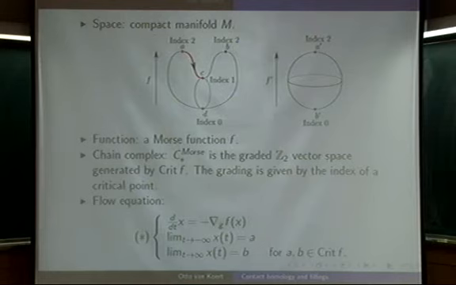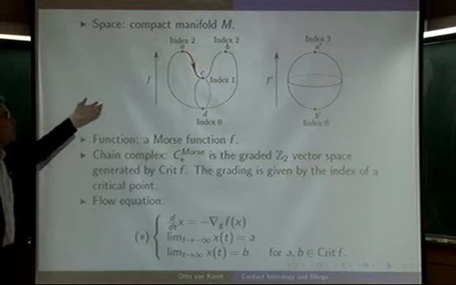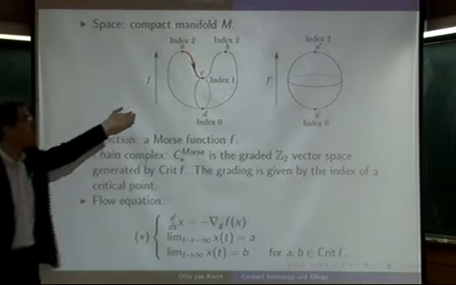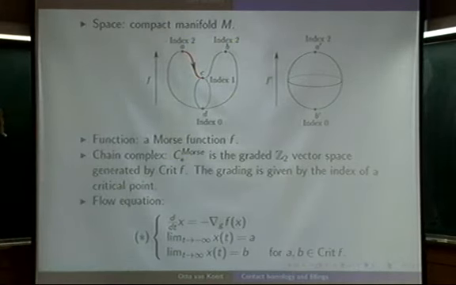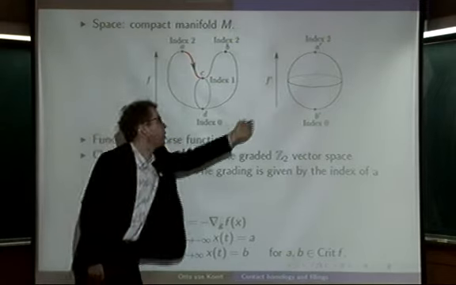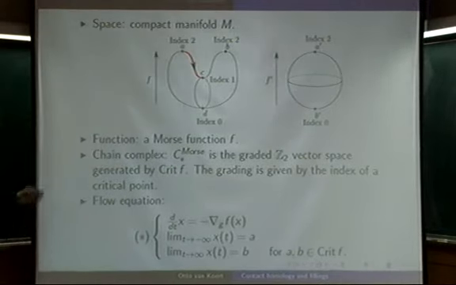So we start with a space. In this case, we take a compact manifold M. I take here just S2, and I take here this funny embedding and another standard embedding. The reason for that is that the second thing that I need is a function, a Morse function. So I get two Morse functions on S2.